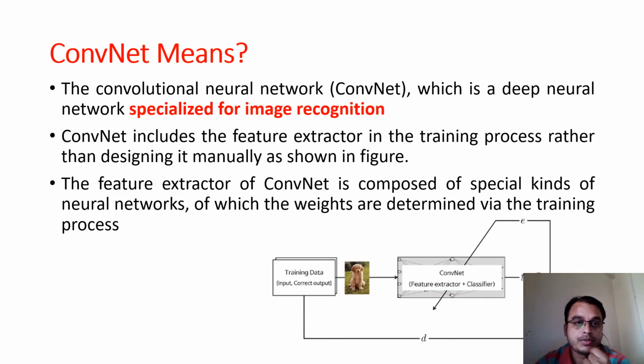Convolutional neural network is a deep neural network, a specialized form for image recognition. In a convolutional neural network, we use a feature extractor that is trained in the process, rather than designed manually as shown here.